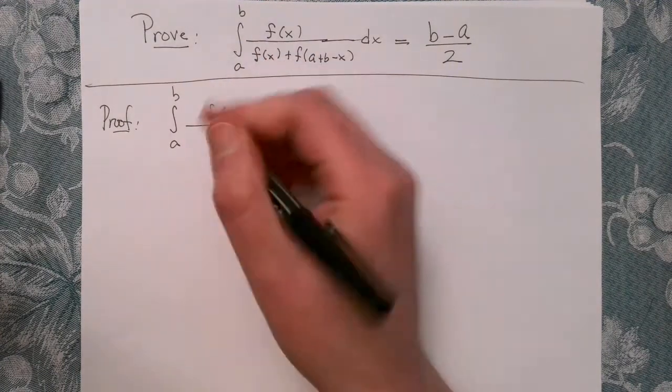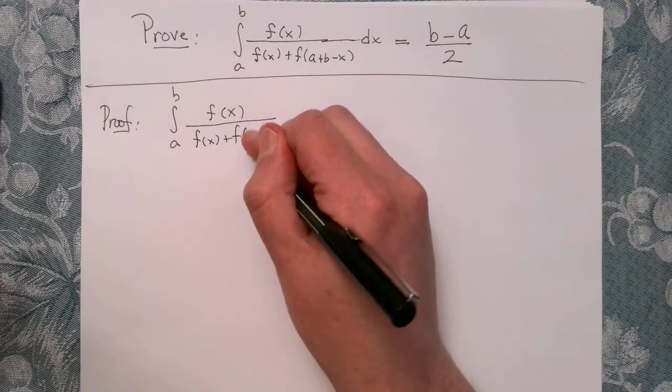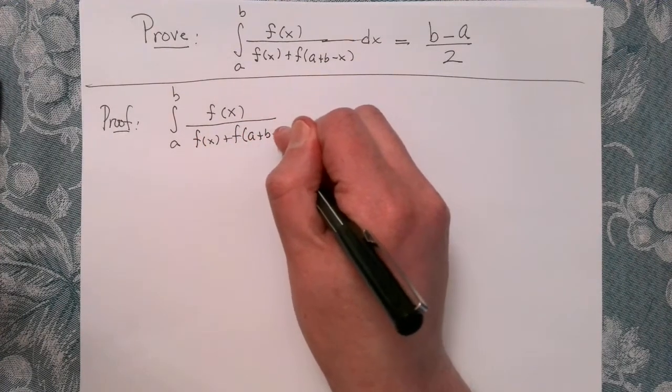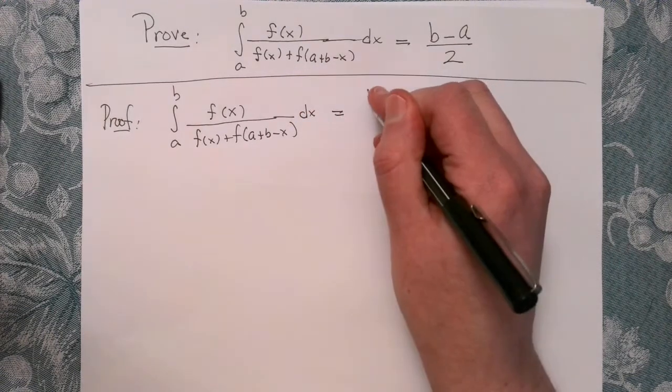So the integral from a to b of f of x over f of x plus f of a plus b minus x dx can be rewritten in the following way.